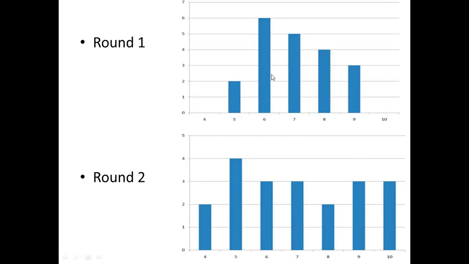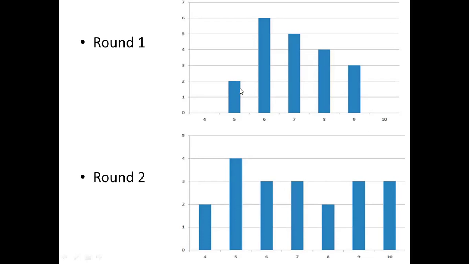However, you can see the way the data is distributed. Over here it is more closely distributed, right? It is not varying too much from each other. However, in the second round, we can see the data is spreading to a larger extent, indicating that there is more variance or difference between the way people have scored.